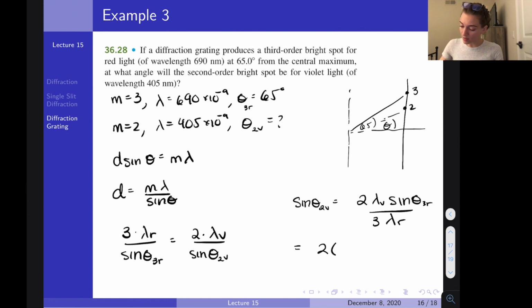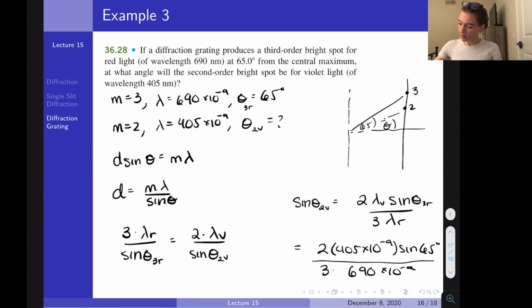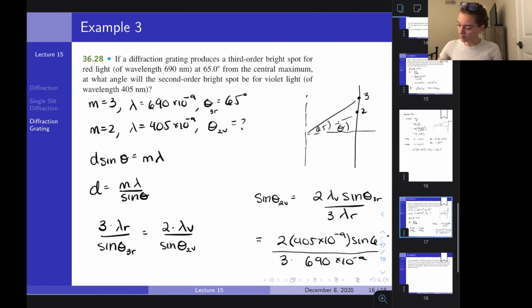So that gives me 2 times the wavelength for the violet light, which was 405 times 10 to the negative 9. And then I have sine of 65 degrees for the third order red light here. And then I'm going to divide all this by 3 times the wavelength of red light, which is 690 nanometers.